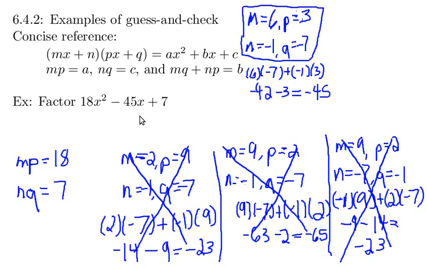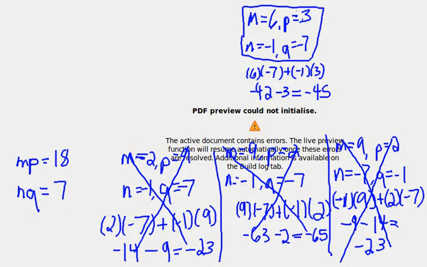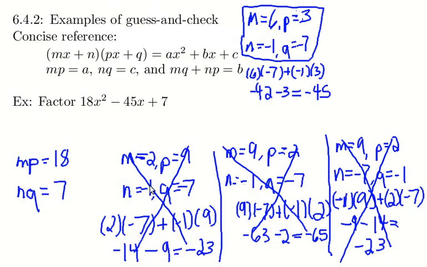So we know that M is going to be 6, N is going to be negative 1, P is going to be 3, and Q is going to be negative 7. So let's go ahead and write that out that way. Whoops, what did I do wrong here? Sorry. That error shows up whenever I type something wrong into the markup language.